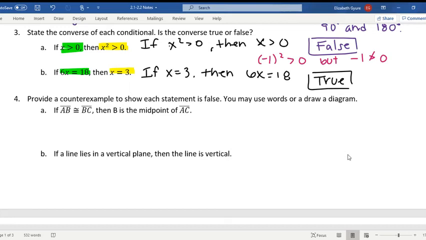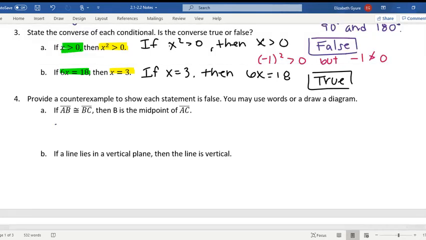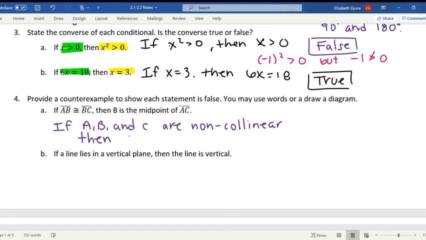A written explanation, you could state that if A, B, and C are non-collinear, then B cannot be the midpoint of segment AC. So let's write that. I'll show you both. So we could say if A, B, and C are non-collinear, then B can't be the midpoint.